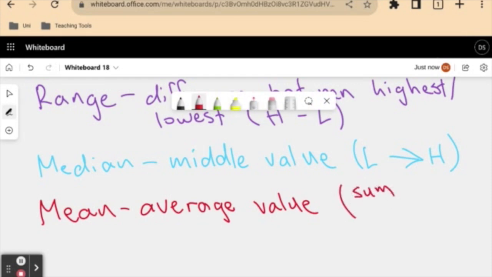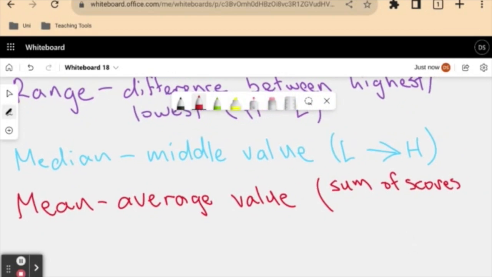summing the scores. So I use this term scores to mean a lot of different things, right? It can be any type of score, any type of value in our data set. So our average value is the sum of our scores divided by the total number of scores we had, the total amount of data points we measured.